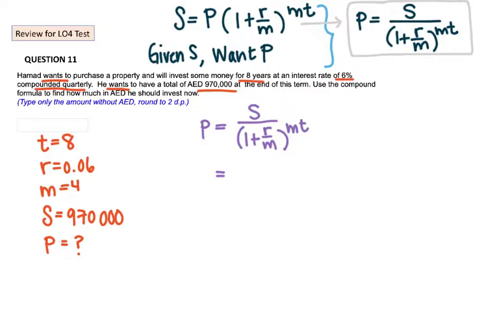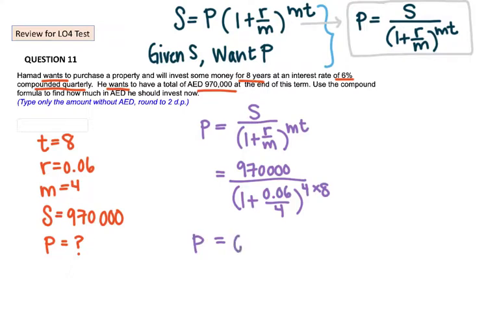at the present value. So we'll plug in these numbers, 970,000 divided by 1 plus 0.06 over 4 raised to the power 4 times 8, and we will get our P equals 602,363.13 dirhams.